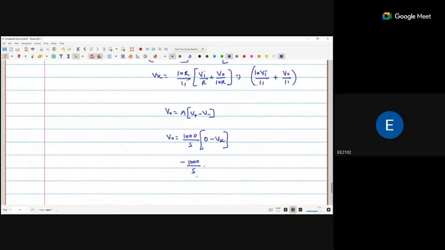This value, 10 times Vi by 11 plus V naught by 11. That is also equal to V naught. If I take the V naught terms together, V naught times (1 plus 1000 by S into 1 by 11) is equal to minus 1000 by S into 10 Vi by 11.